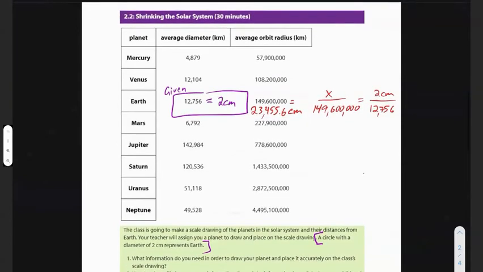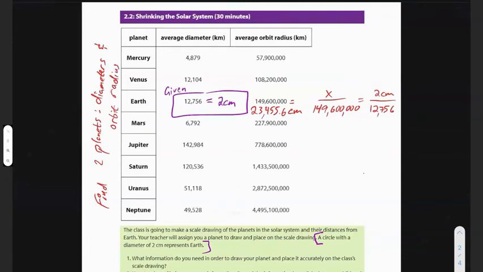Okay, so what I want you to do, all right, this is for you. I want you to find two planets, their diameters and their orbital or orbit radius.